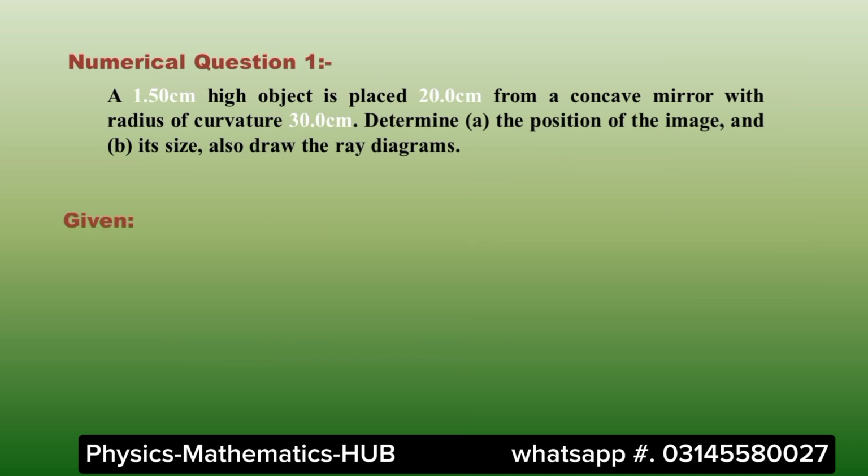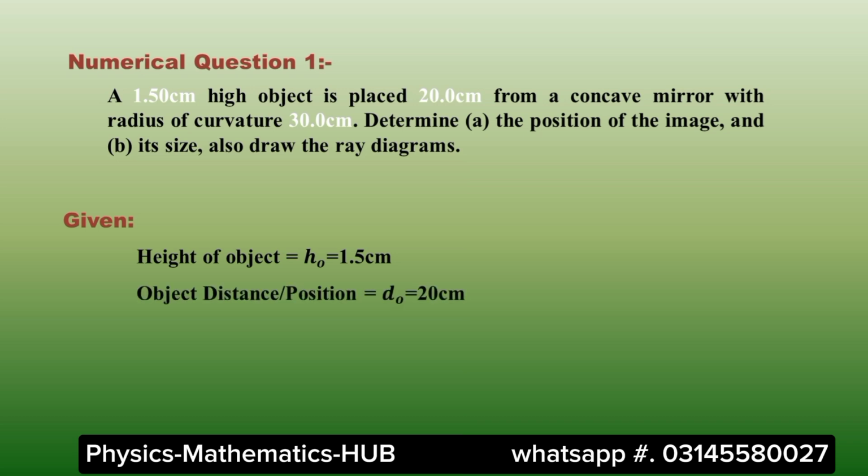We are given that height of object, denoted by HO, is equal to 1.5 centimeters. Object distance, denoted by DO, is equal to 20 centimeters, and radius of curvature, denoted by capital R, is equal to 30 centimeters.